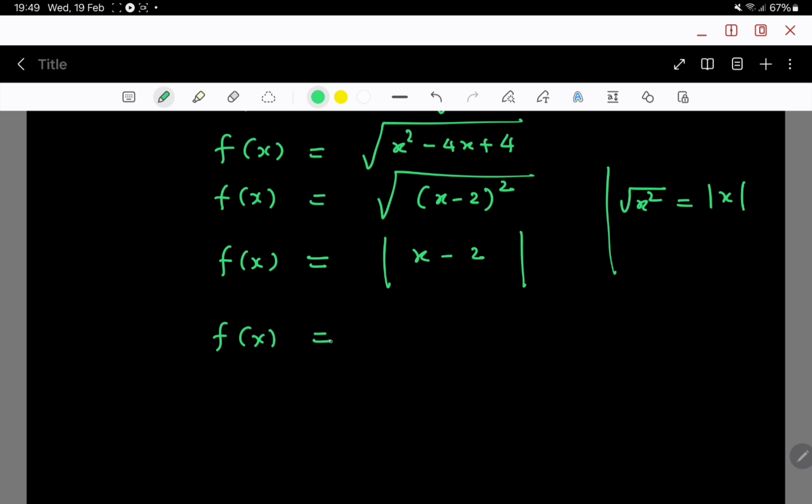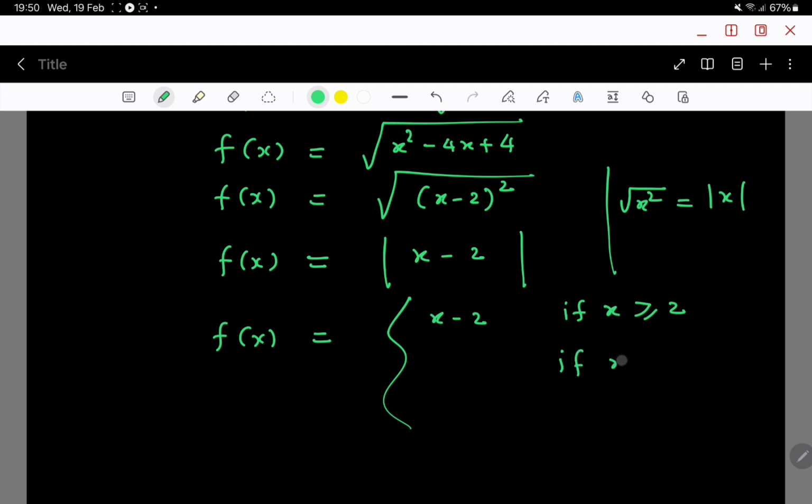So, f of x is equal to, if x is greater than or equal to 2, that means I am taking it as 3, 4, etc. Substitute x equal 3, 4, etc. x minus 2 becomes positive. So, write it as x minus 2.